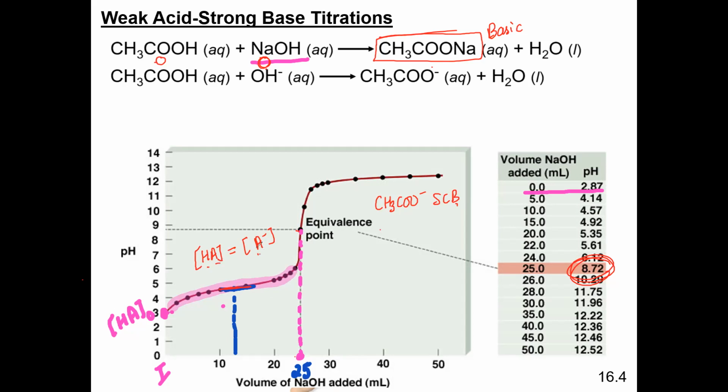So these are equal. This is a weak acid, this is its conjugate base. So what does it mean? It means it's the buffer, the best buffer. At the half equivalence point, pH equals pKa.